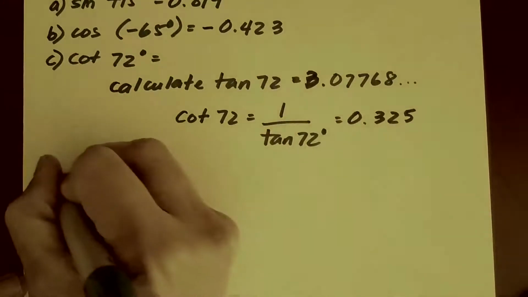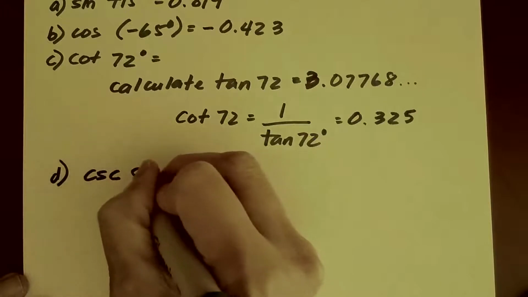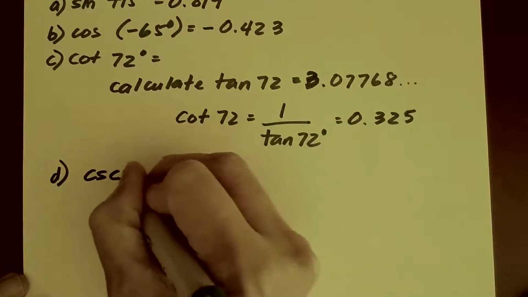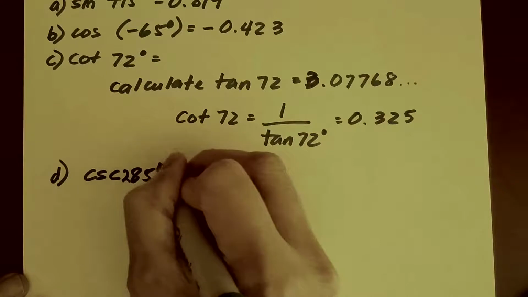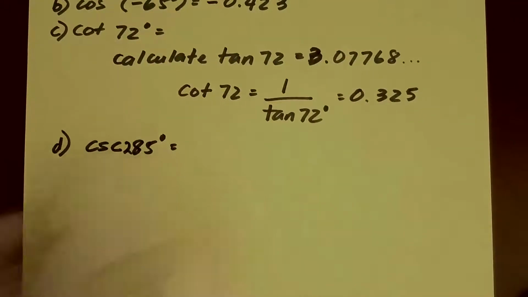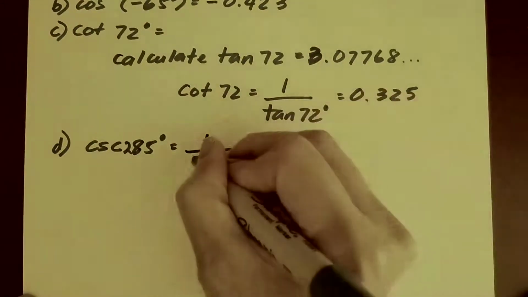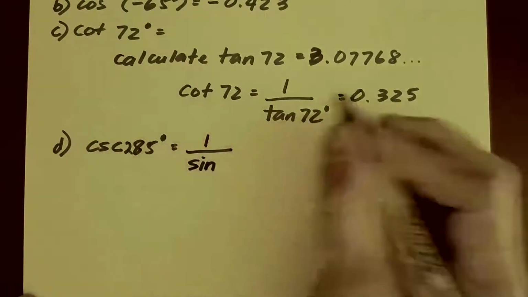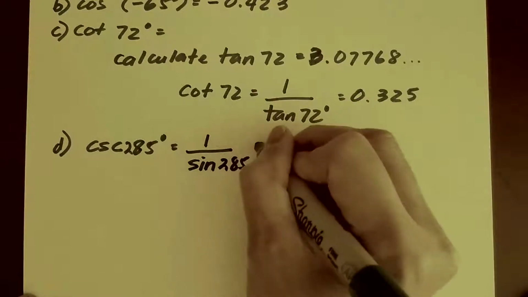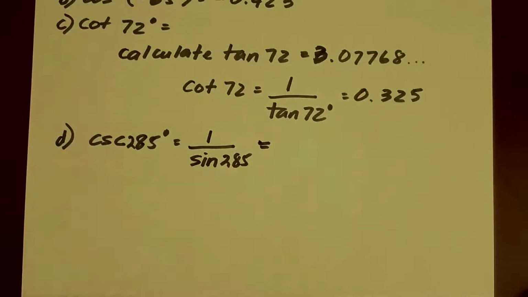And last but not least, the cosecant of 285 degrees. Now you're thinking, oh no, I don't have a cosecant button on my calculator. Well, what does cosecant mean? Cosecant is the same thing as 1 over sine of 285 degrees, because it's the reciprocal of sine.